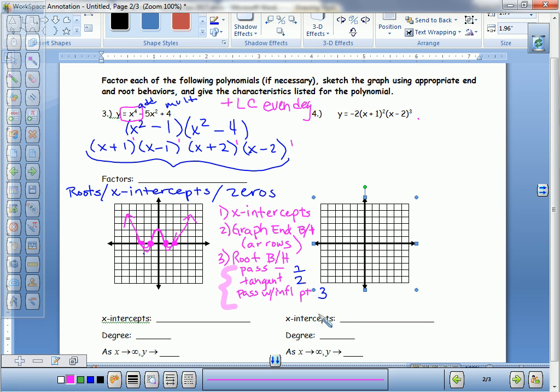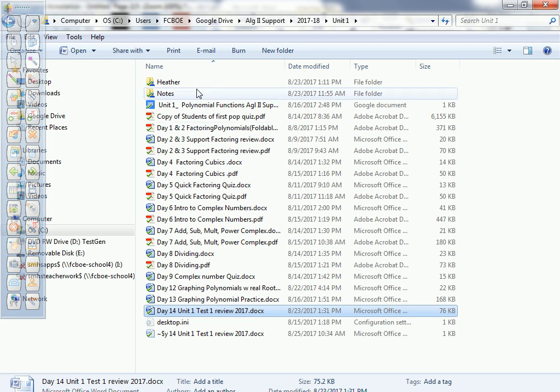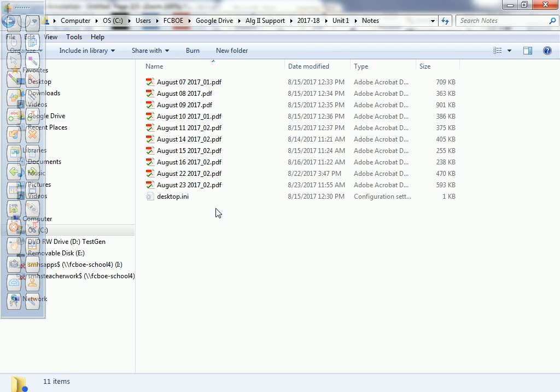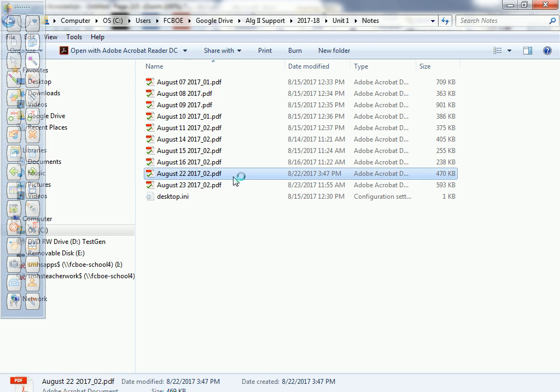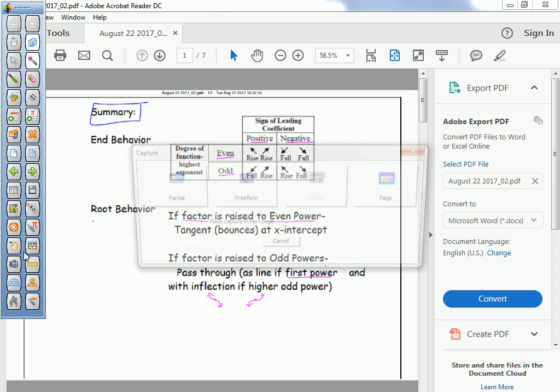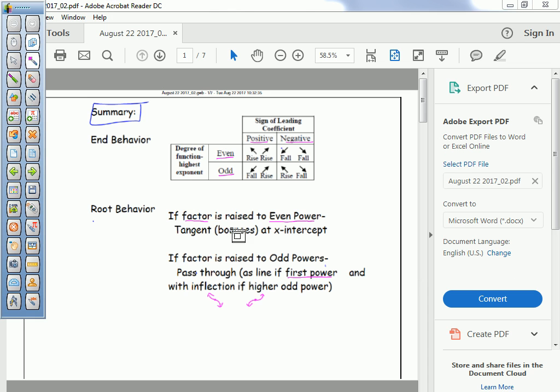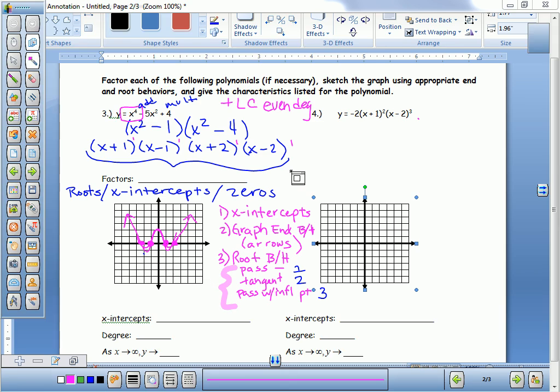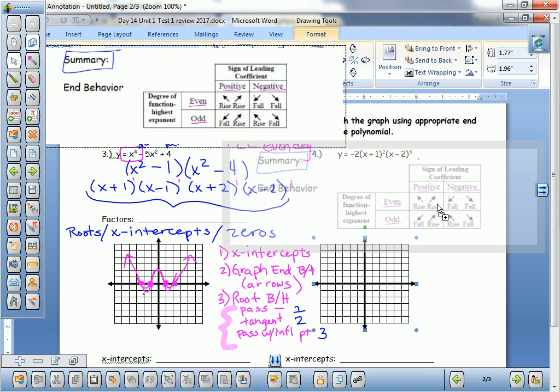Yes, ma'am. How do you know what arrows to do at the end? From our notes the other day, this one right here. I'm going to snip this. This tells us what to do with our ends.